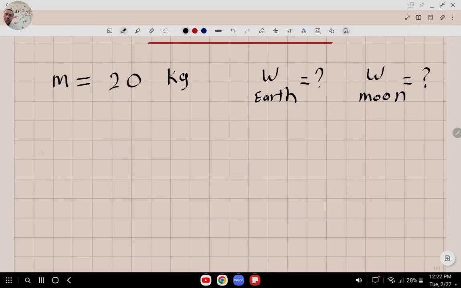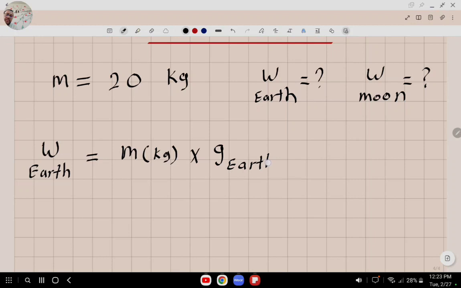First step, you have to write the rules that you are going to work with. The weight on earth equals mass in kilogram times the gravitational pull on the earth. This is the first mark. The second mark is for the replacement.